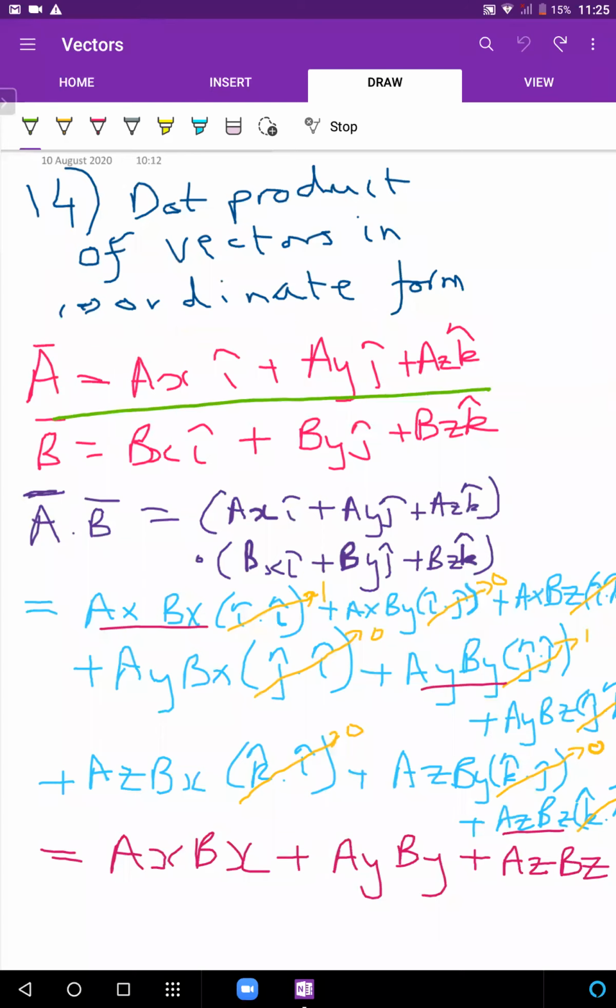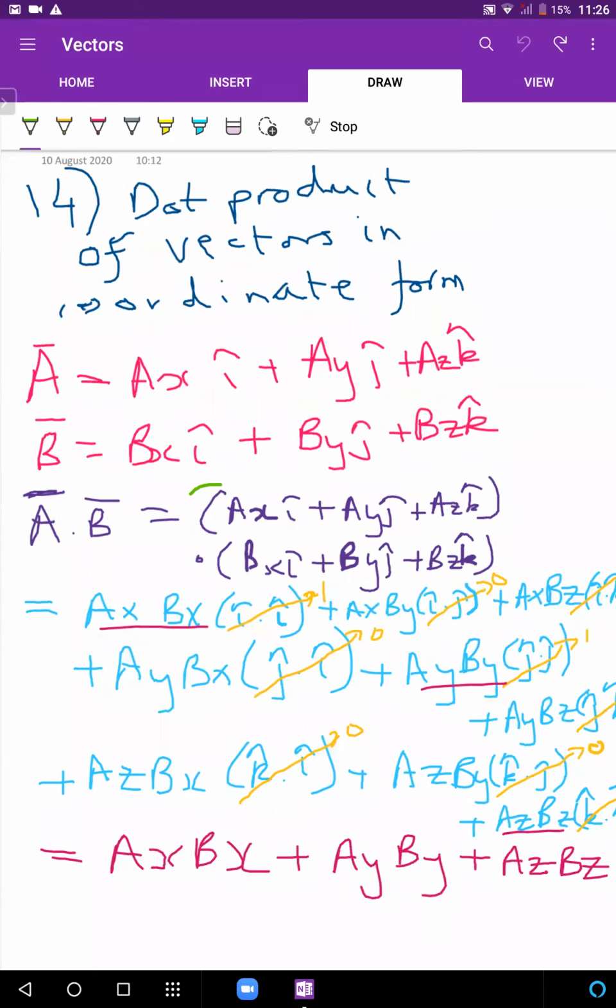तो मान लो मुझे ऐसे दो वेक्टर दिए गए हैं, they have their I cap and J cap and K cap components, और इनका मुझे डॉट प्रोडक्ट लेना है. तो A डॉट B जब करने जाएंगे तो देखो क्या आ जाएगा.